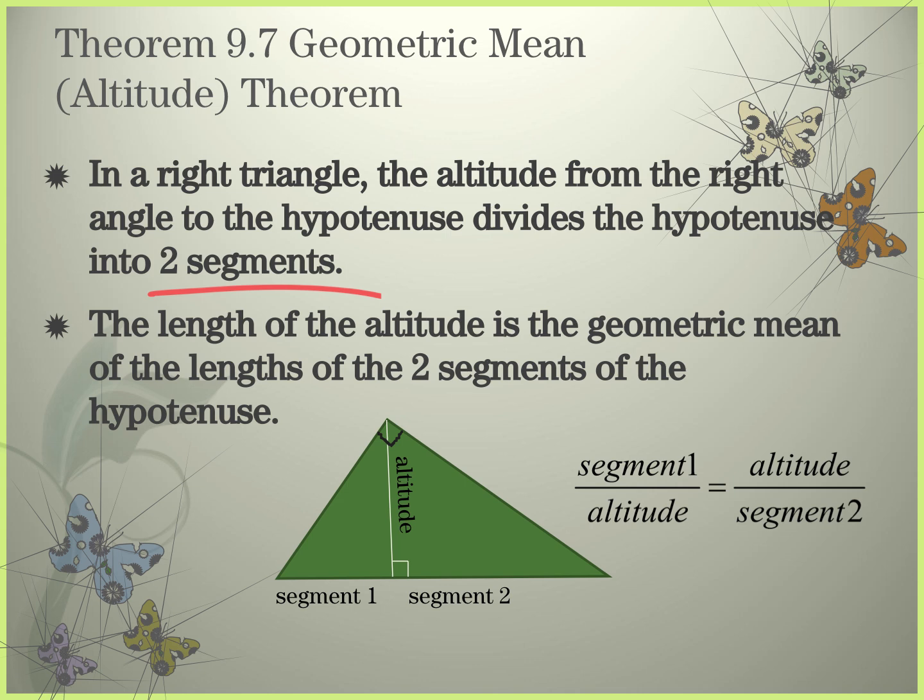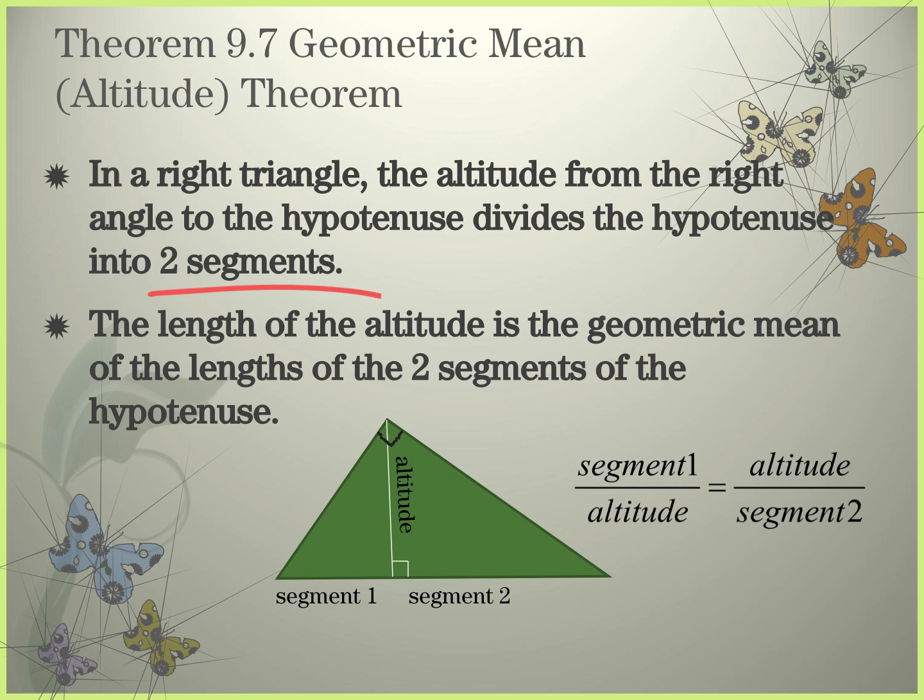Basically, when you set up a proportion for these two right triangles, the right triangle on the left and the right triangle on the right, if you're comparing the legs, it would be segment 1, which is the shorter leg, over the altitude, because that's also the shorter leg of the triangle on the right. And that would be proportional to the altitude, which is the longer leg of the triangle on the left, over segment 2, which is the longer leg of the triangle on the right.